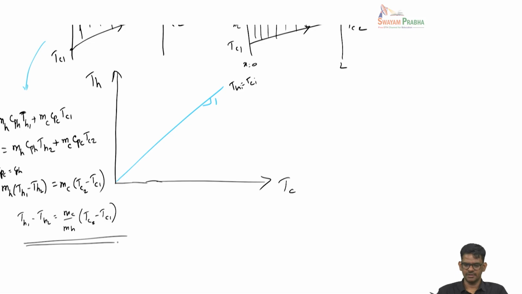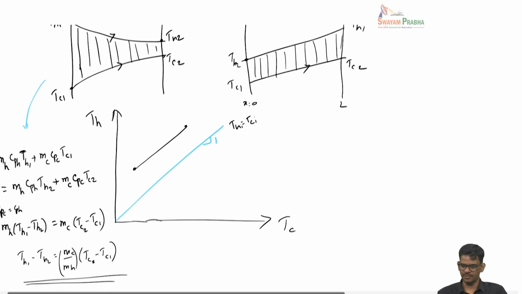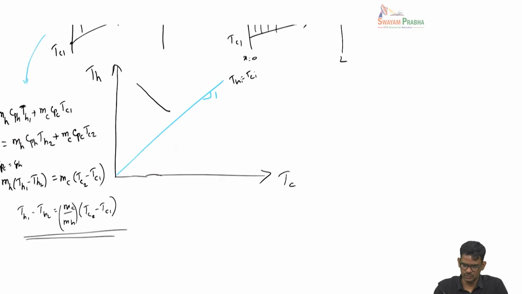So you'll see a line something like this. The slope will be given by mC by mH, and oh sorry, this is actually co-current, right? So it will be like this. This is my TH1, TC1.